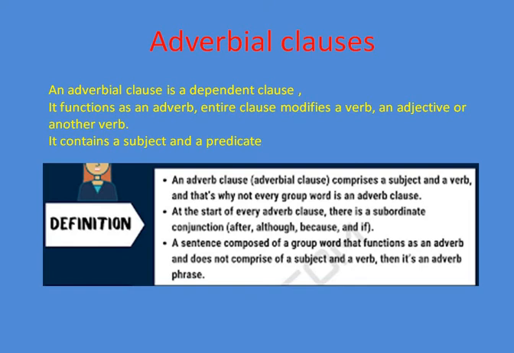So you can identify an adverbial clause by some conjunctions like after, although, because, so, and if. While when a sentence is composed of a group of words that functions as an adverb and does not comprise a subject and a verb, then it is an adverb phrase only. It is not called an adverbial clause. Hope you got a clear idea about the adverbial clause.